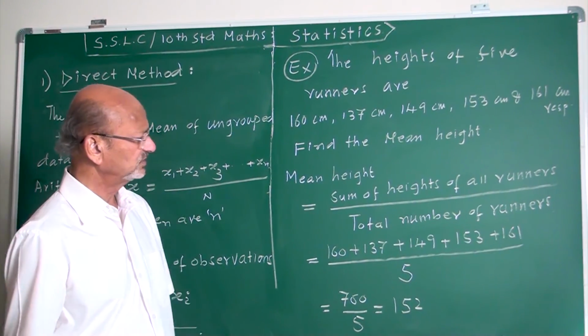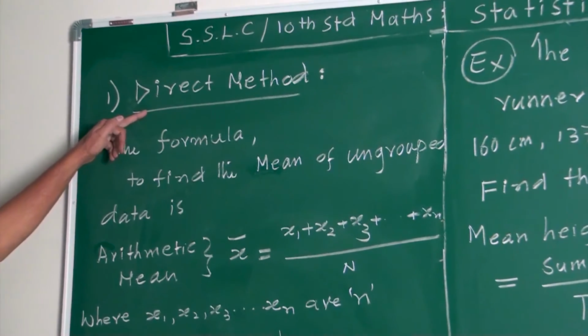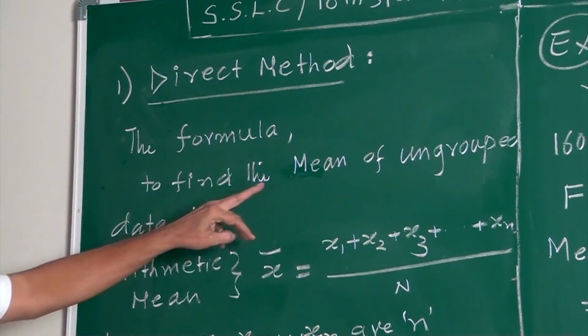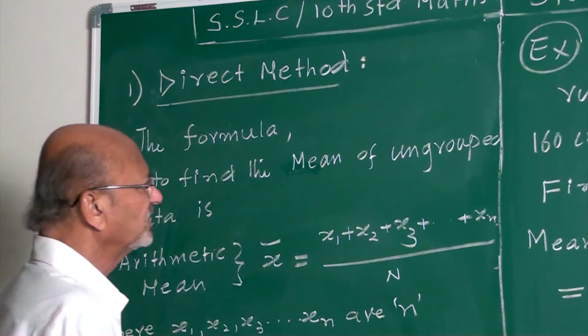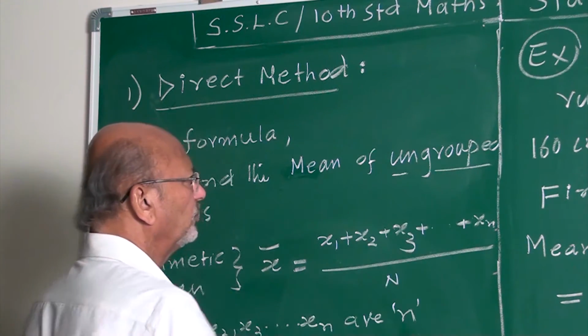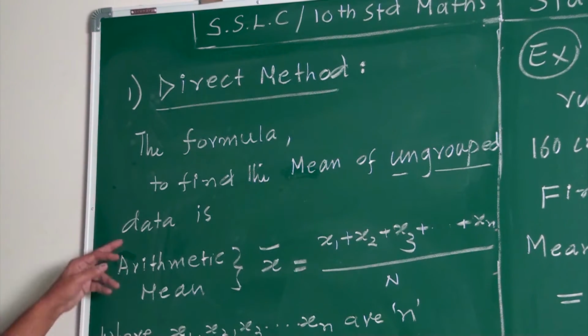Yes, my friends, now I have considered the first method, which is the direct method. I am giving the formula. The formula to find the mean of ungrouped data, my friends, it is important. Ungrouped data means as it is given.